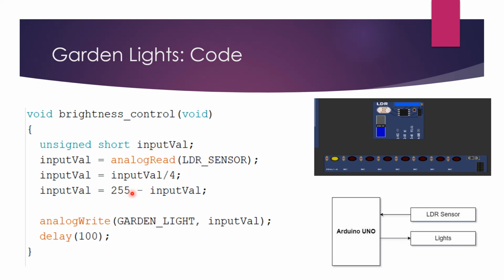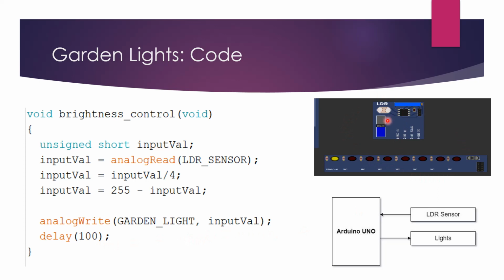Now this value would be subtracted from 255 because we need to apply the reverse logic: brighter the sunlight, dimmer is the garden light. Then we would feed it to the analogWrite function, and gardenLight here is the pin number to which our LED is attached, and then we will provide a delay of 100 milliseconds.